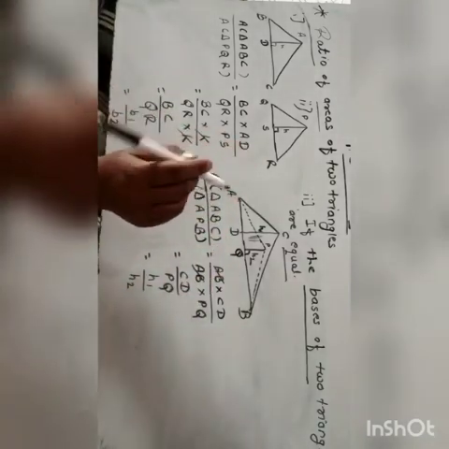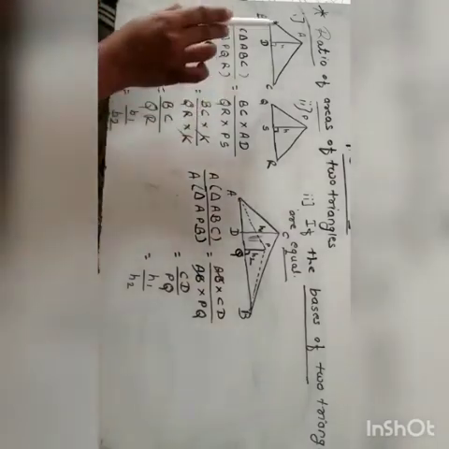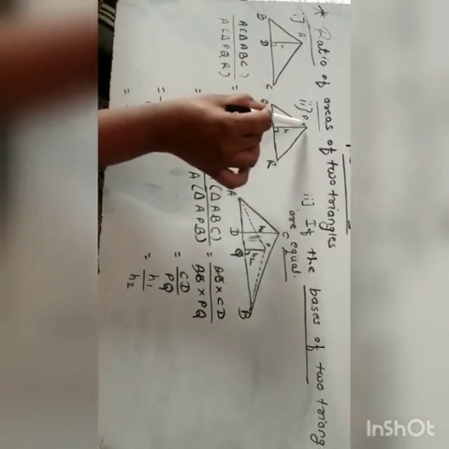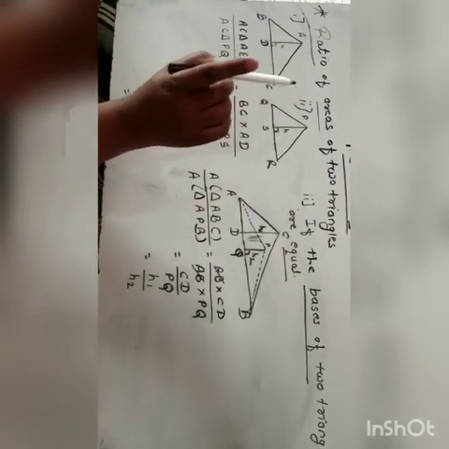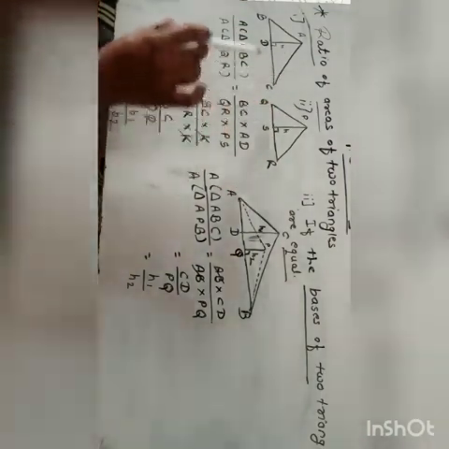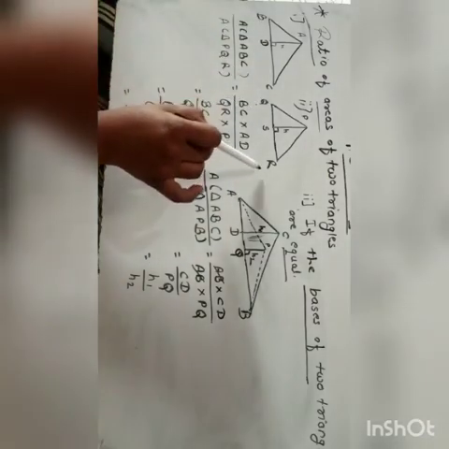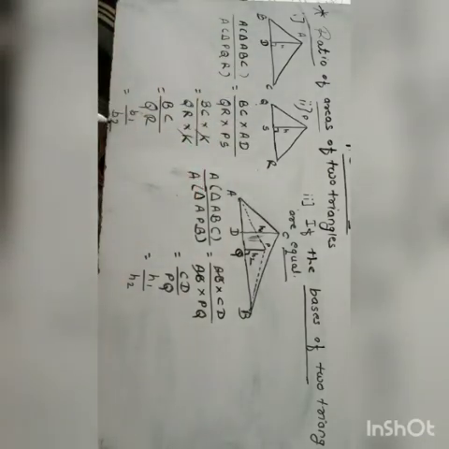From this we understand that the ratio of areas of two triangles with equal heights is equal to the ratio of their corresponding bases, here B1 upon B2.